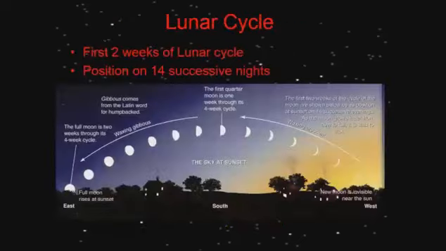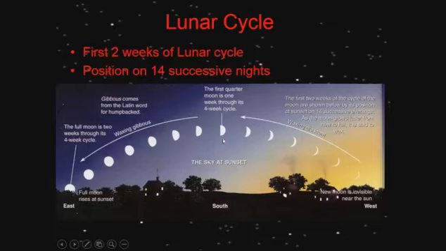And this is the kind of thing we mean, in that we're looking at the entire cycle of the moon here and the average positions here on 14 successive nights, as it says. And this is the first 2 weeks of the lunar cycle. So we're looking at a waxing crescent.